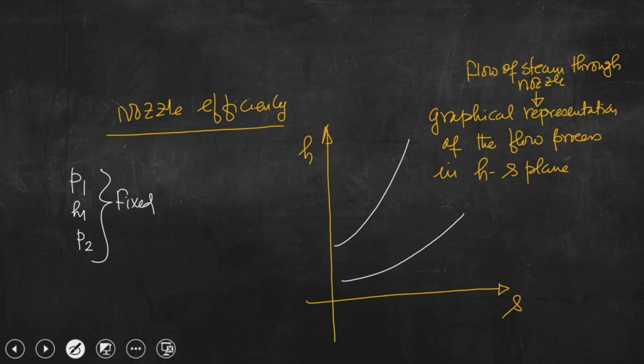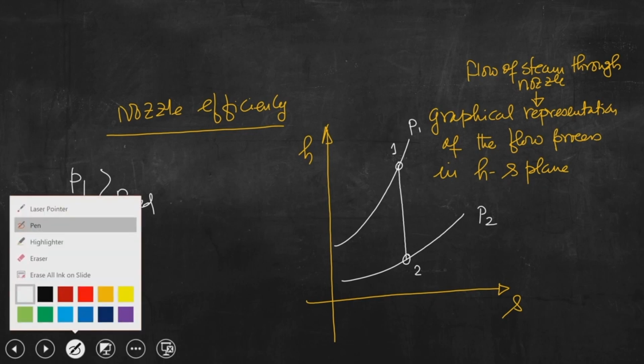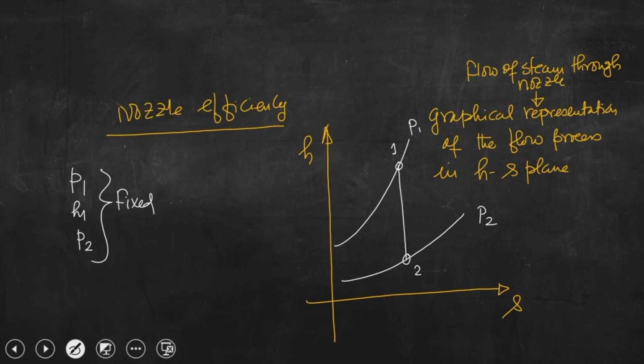So this is P2 and this is P1, and say we take one particular point, point 1, and map the process 1 to 2, so this is 2. That is the isentropic process, the ideal process, but in real application the process would be like this.